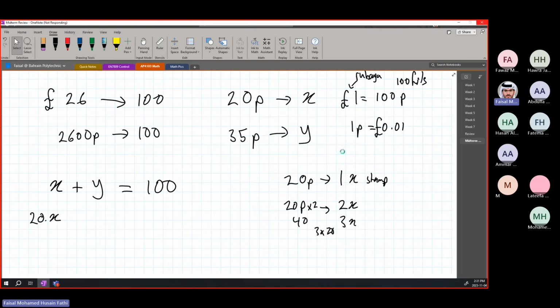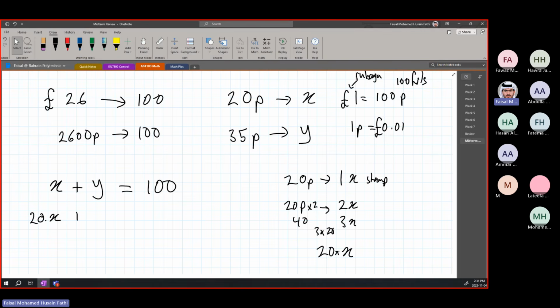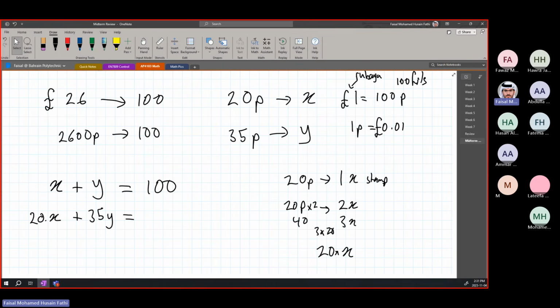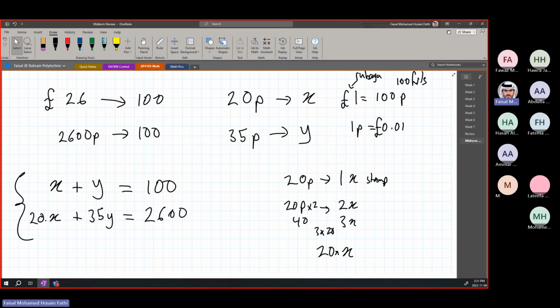I explained this very clearly in the video. So basically if you have X number of stamps, it's 20 times X. The same for Y: we have Y number of stamps, so it's 35 times Y. The sum is equal to 2,600, the total price, because the price of all X plus the price of all Y equals the total spent on the stamps. Now you have two simultaneous equations, and you can solve in whichever method you want.